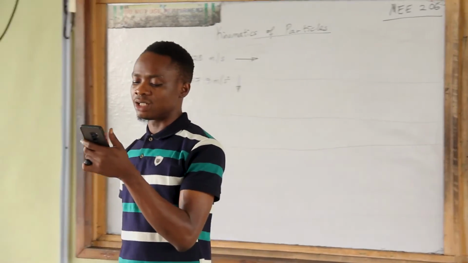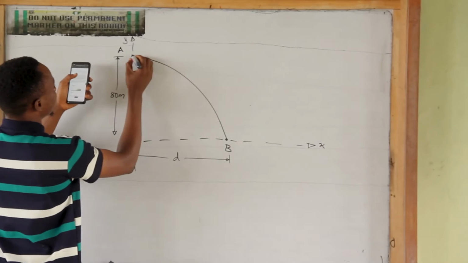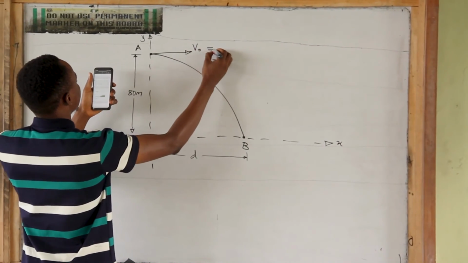Don't forget we have the initial velocity v naught, the velocity with which it was released from the top. Is that clear? It was released with the velocity v naught.